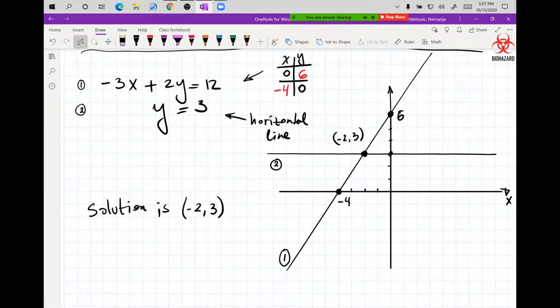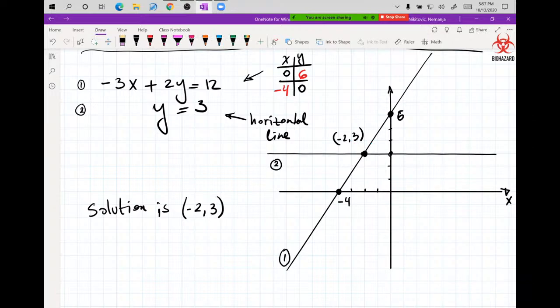And you can check this. You check by plugging these numbers into the problem, and if the values work out to be correct, then the solution is correct and we move on. So the solution happens wherever you have your intersection of the two lines.